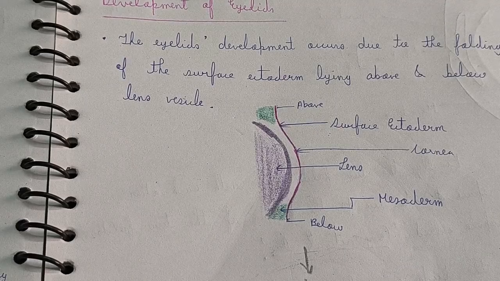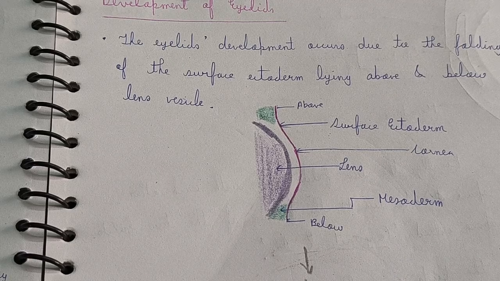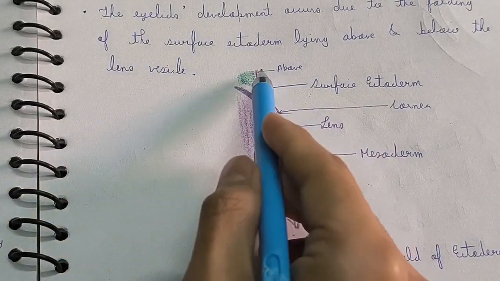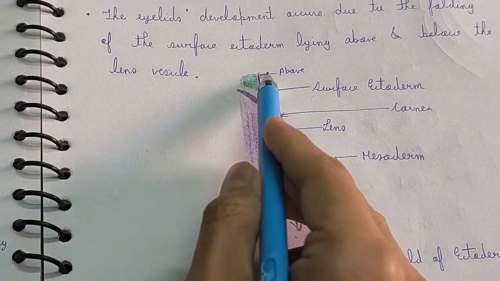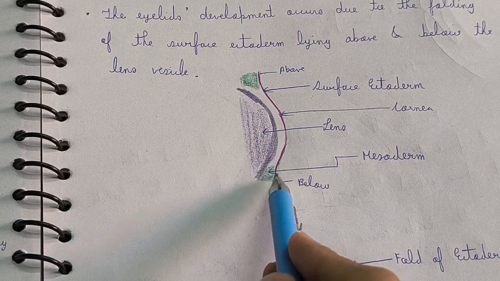First of all, you should know what structures are necessary for the development of the eyelids. The two structures are, as you can see here, the surface ectoderm lying above the cornea and below the cornea.